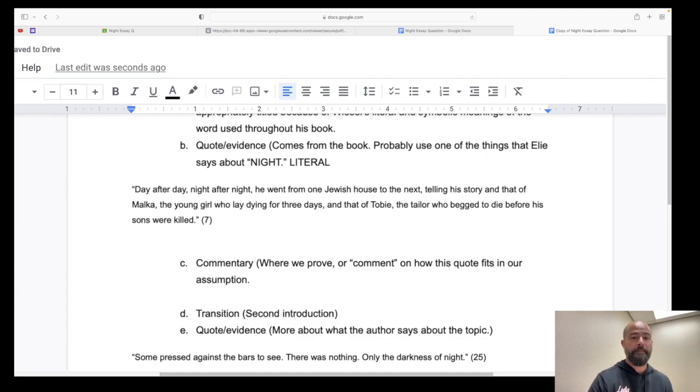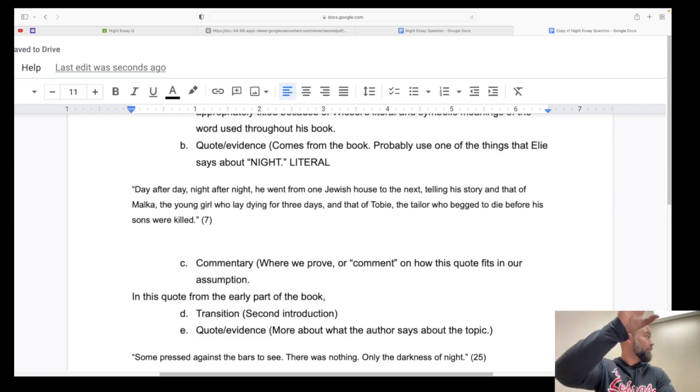The easiest way you can do this is literally in this quote from the early part of the book, I'm setting it up. Okay?